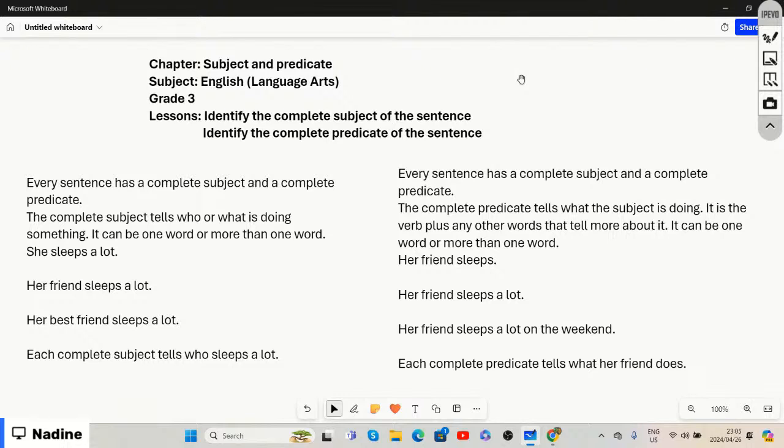And the lessons that we are going to be focusing on under the chapter of subject and predicate is to identify the complete subject of the sentence and to identify the complete predicate of the sentence.